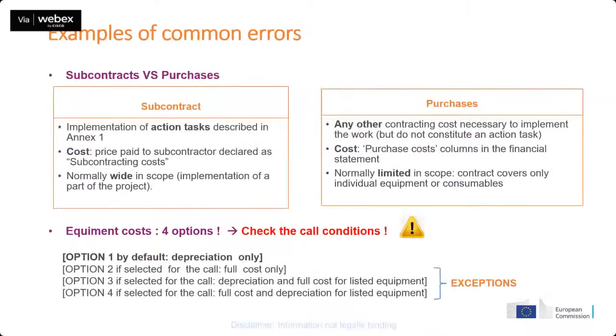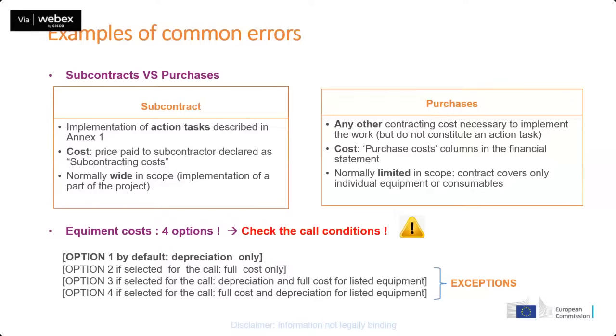Here I just wanted to share a couple of examples of common errors and questions that we see throughout the implementation, which is, for instance, to confuse subcontracts with purchases. Just to mention that the subcontract really concerns the implementation of action tasks that are described in Annex 1, while any other costs for purchasing things that are necessary to implement the work, but do not constitute an action task, are purchases.